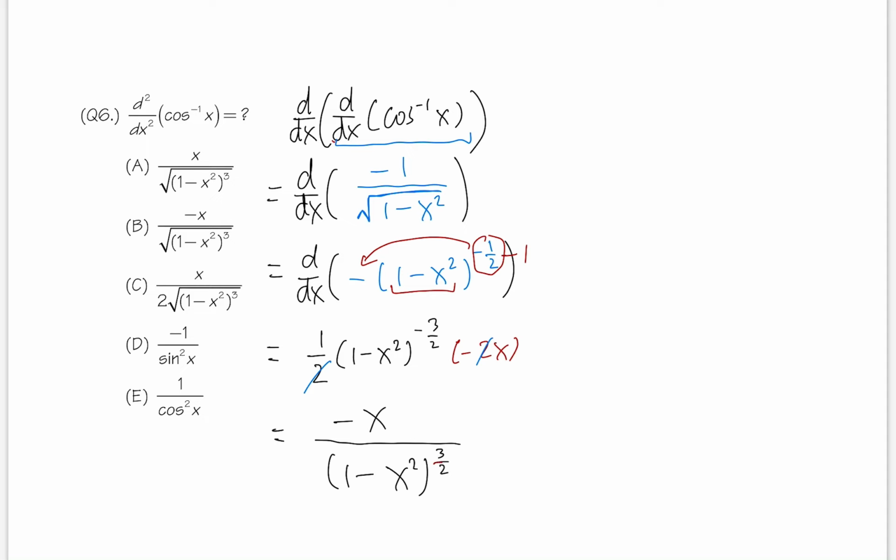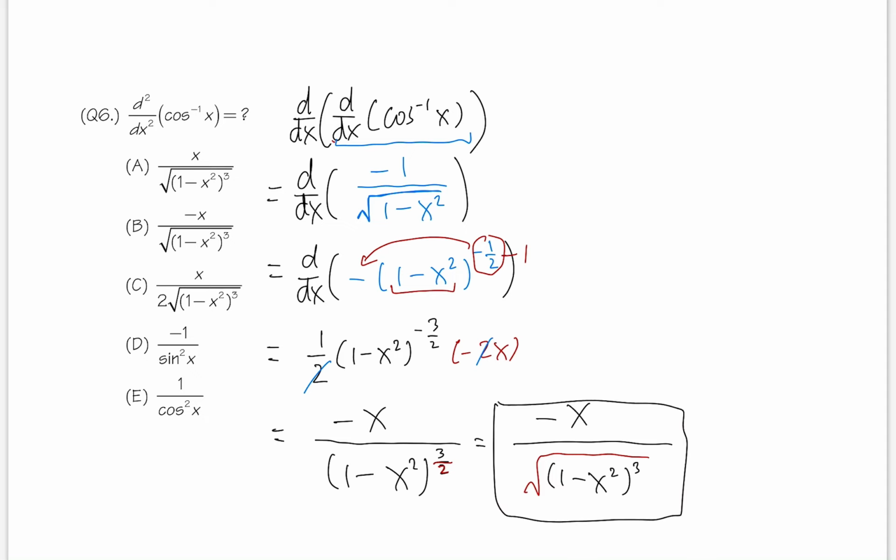Well, when we have a half power here, that's the same as a square root. So we can write this as negative x over, let's put the square root down first, and then parentheses 1 minus x squared and then to the third power. Sometimes the third power can be put on the outside too, but here you see that the answer is just option B, so we are done.